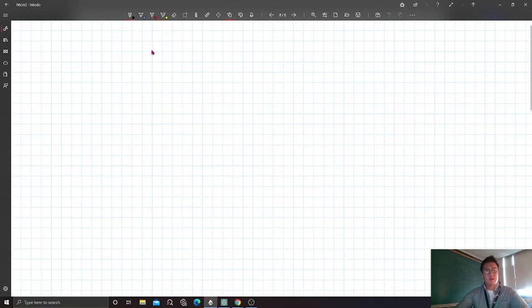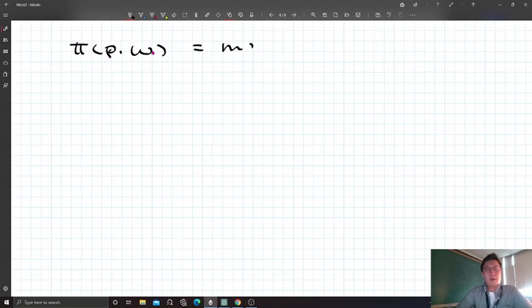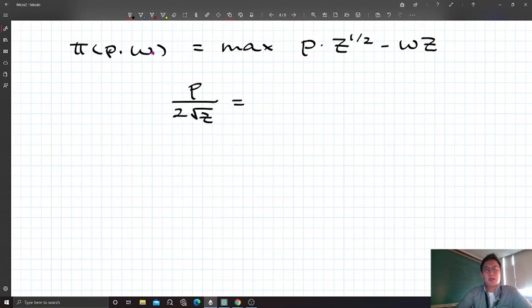So first we compute the firm's profit function. So pi of p comma w is going to be the highest profit: p times z to the power 1/2 minus wz, right? Taking the derivative with respect to z, we have p over 2 square root of z equals w.